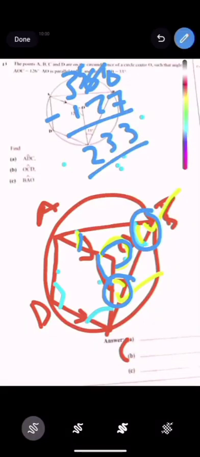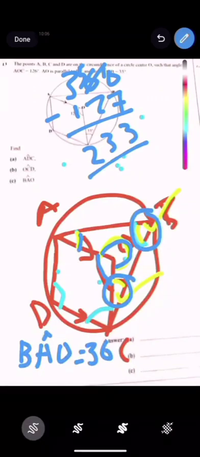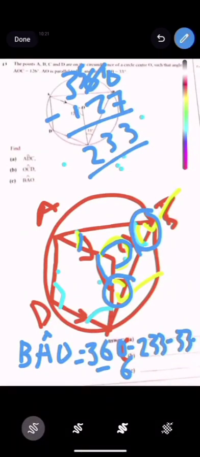So our angle here, which is BAO, is going to be 360 minus 233 minus 33 minus this angle we had found, 63.